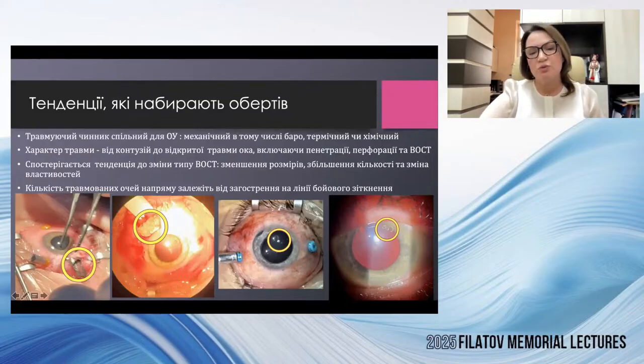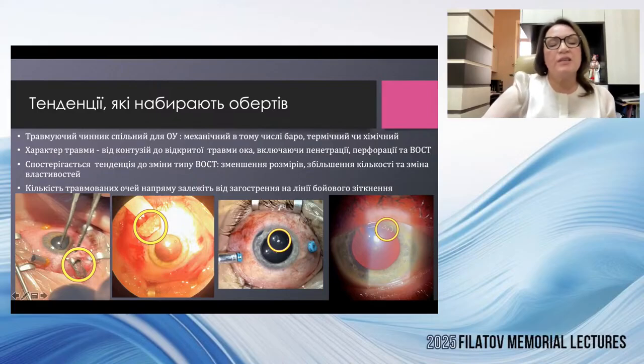There is a tendency for the change of the foreign body profile. Initially, we were evacuating big shards at the beginning of the war. These are our photos. These were bigger shards of metal, sometimes up to 1.3 centimeters in length.